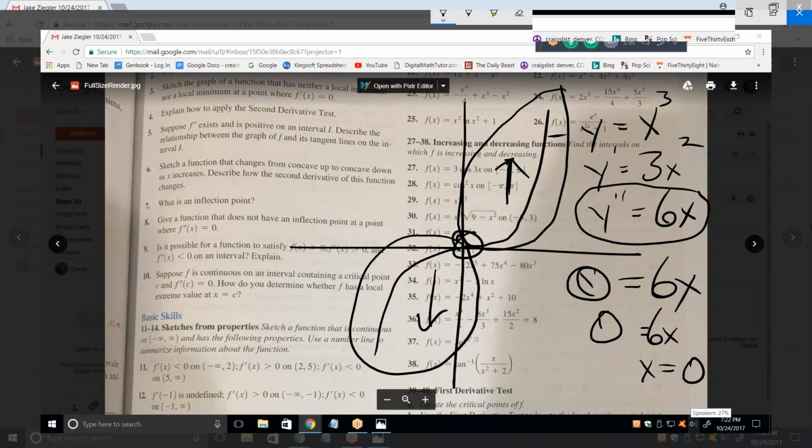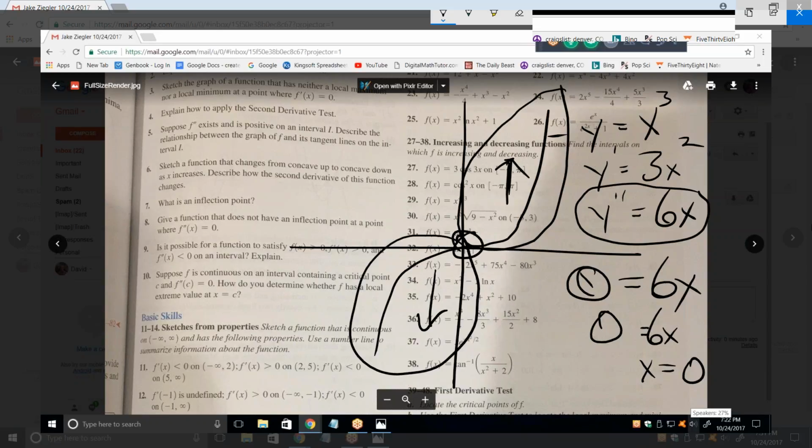So this function actually illustrates everything you really need to know about second derivatives and first derivatives. When I had a parabola, the second derivative was a constant. But because I started with a cubic function, I was able to take the first and second derivative and have it be a function of x. Whenever x is positive, the second derivative is positive, concave up.